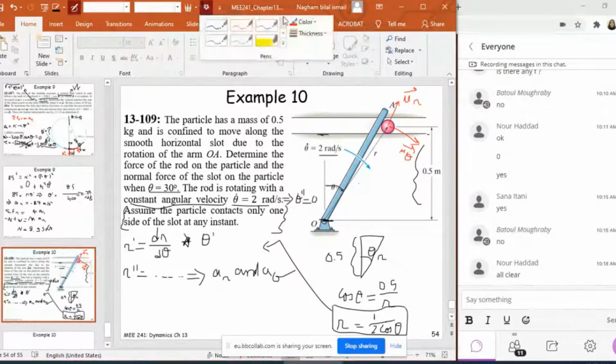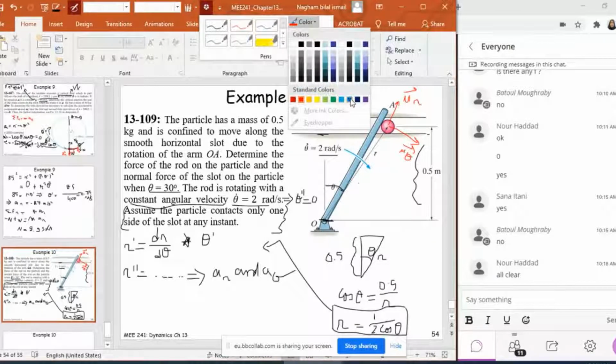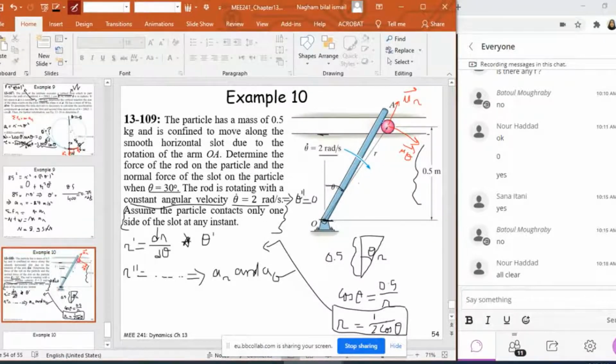Now, what are the forces exerted on this ball here? I have, of course, the normal force exerted by the slot, and this normal force should always be perpendicular to the common line, all right? So the common line here is horizontal, then the normal force will be vertical. And the second force will be the force exerted by this rod here on the ball.